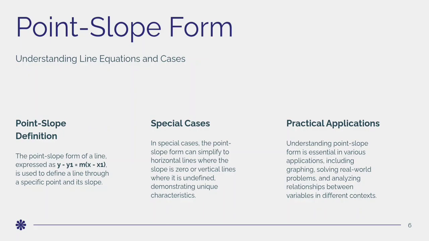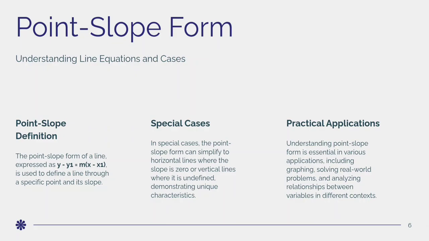Point slope form. Understanding line equations and their cases. There are 3 cases. First one is the point slope definition, second one is special cases, and last one is the practical applications. Firstly, the point slope form of a line, expressed as y minus y1 equals m times bracket x minus x1, is used to define a line through a specific point and its slope.